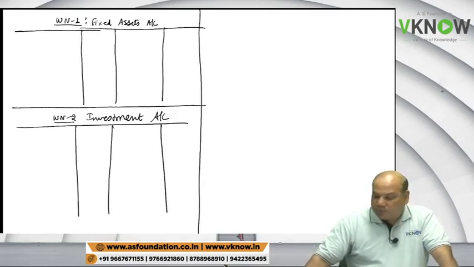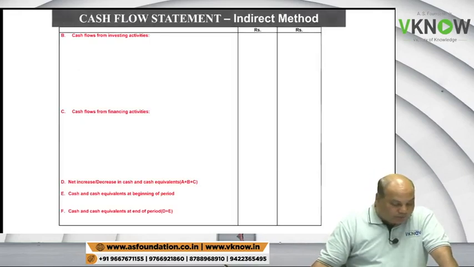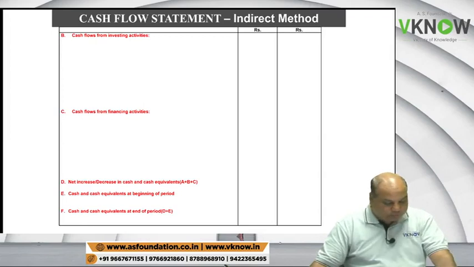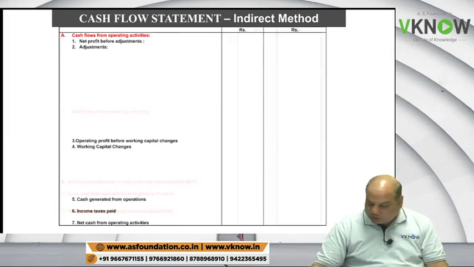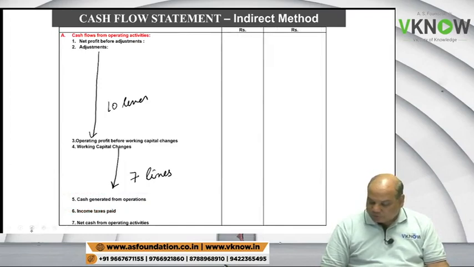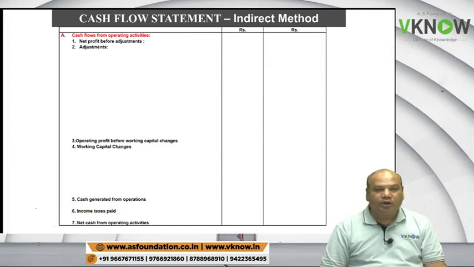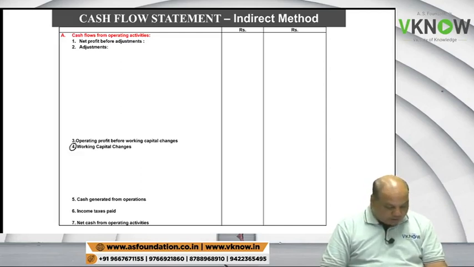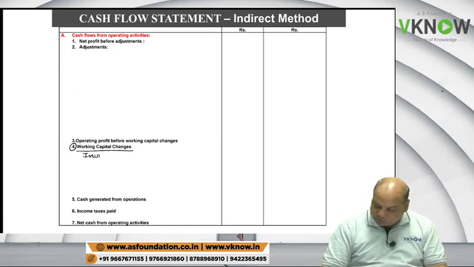Question number 12 I am starting. You have been given the following financial statement of AS Foundation Limited. Sundry creditor will come in operating activity. Point number 4, working capital changes. Under the heading working capital changes, you will write increase in creditors.